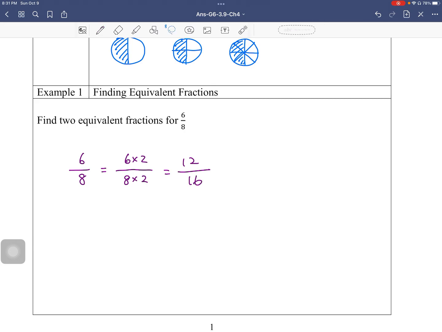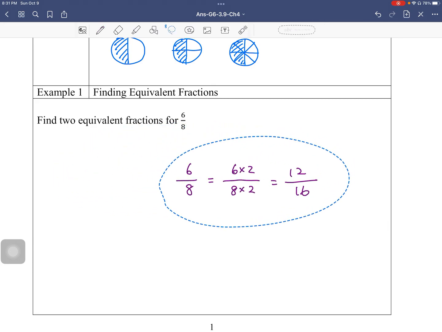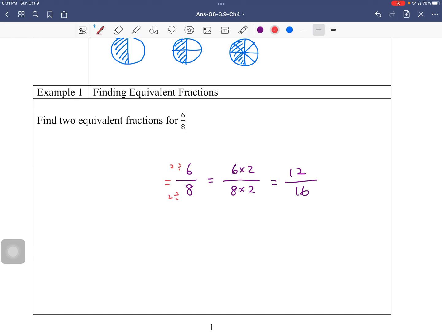On the other hand, I can also divide by the same number, such as dividing by 2 and dividing by 2, so I have 3 over 4. So that's the equivalent fractions for 6 over 8. The answer is 3 over 4 or 12 over 16.